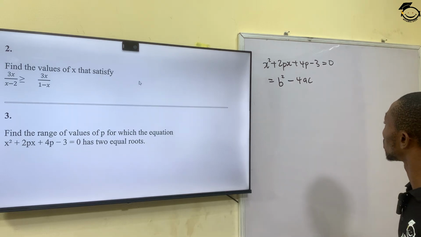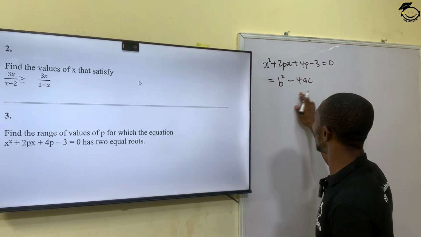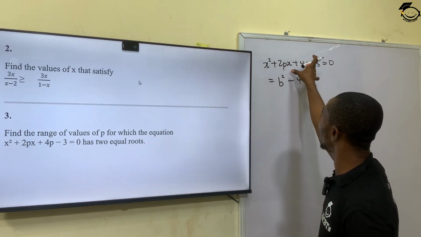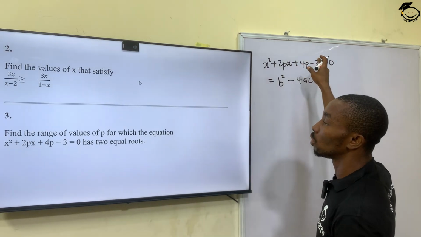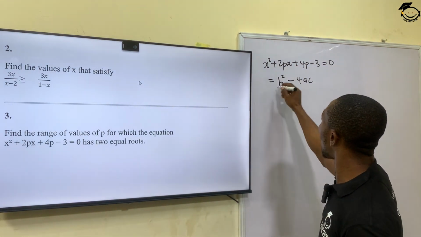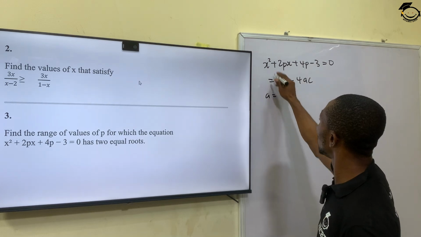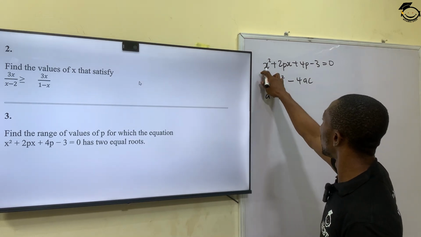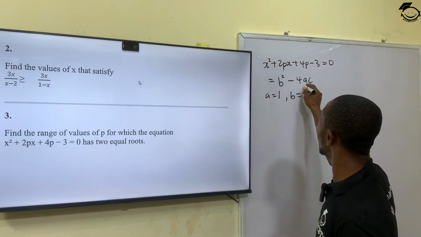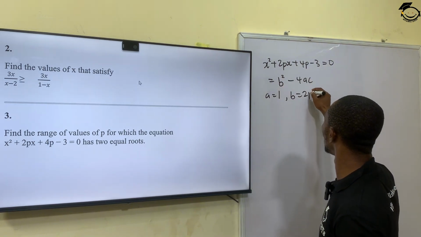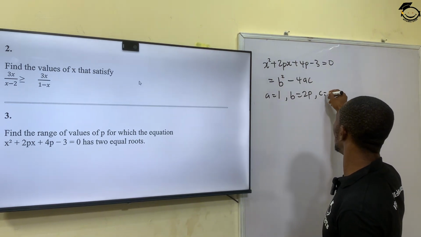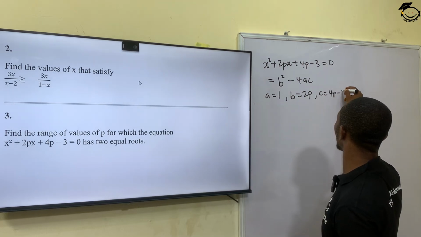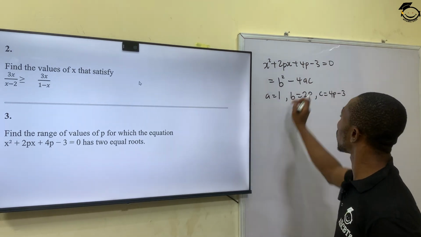Now, our a here is 1. Okay, our b here is 2p, and our c is 4p minus 3, which acts as our constant.